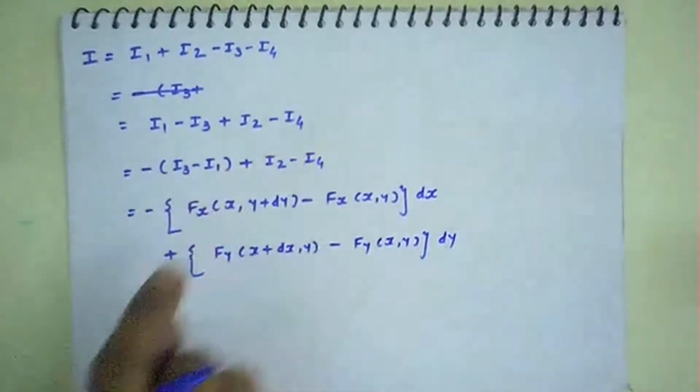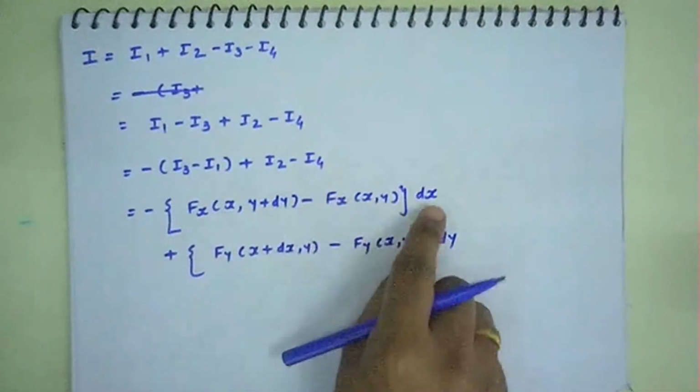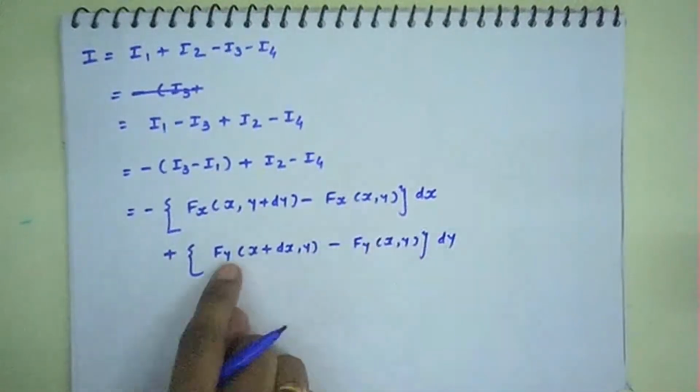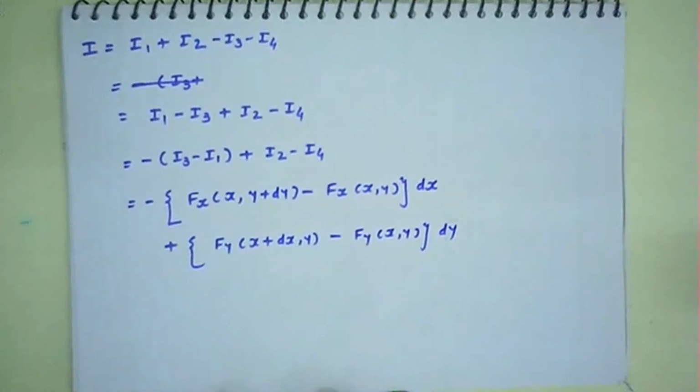I have only substituted these values and taken the x components together by considering dx as common, and the y components together with dy as common.